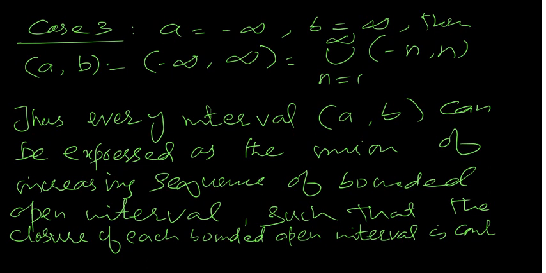Second, continuous on irrationals. And third, discontinuous on rationals. Discontinuous on rationals means it is discontinuous at each rational point.